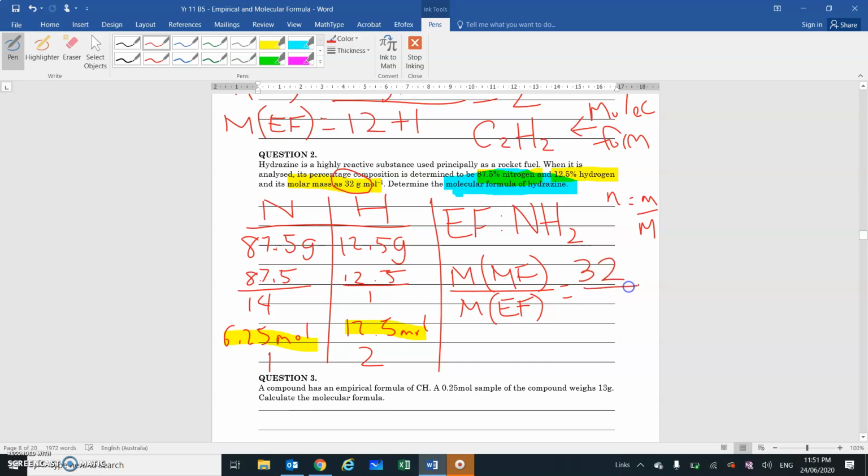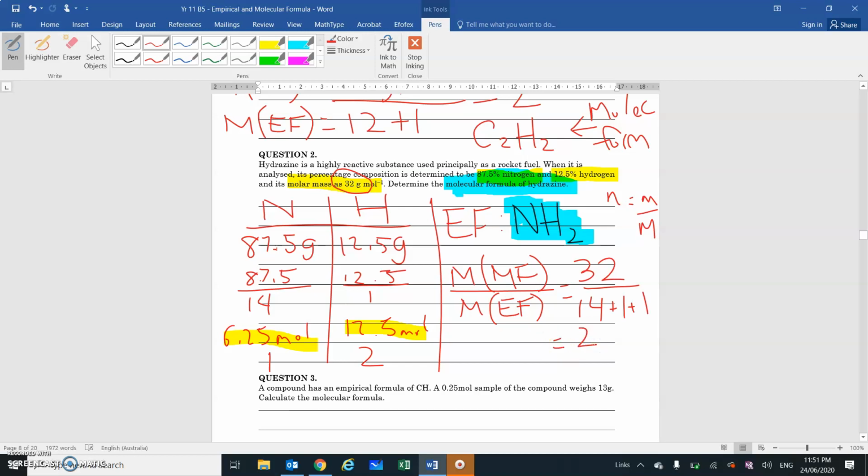For the empirical formula, well, that's here. We've got 1 nitrogen, 2 hydrogens. So nitrogen is 14, 2 hydrogens, so plus 1 plus 1. That gives us 16. So 32 divided by 16, of course, is 2. So the ratio is 2.